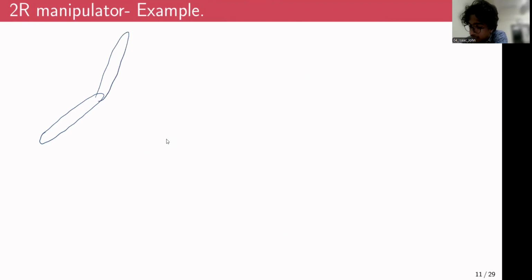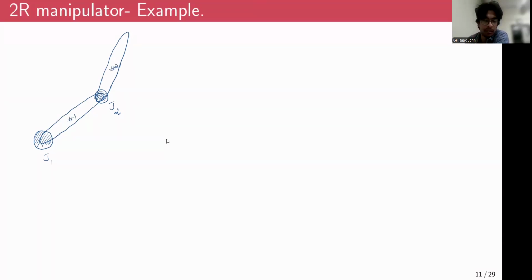This is another link. And you have two joints. This is the first joint. I'll label this joint as J1. I'll label this joint as J2. This can be the first link. This can be the second link.